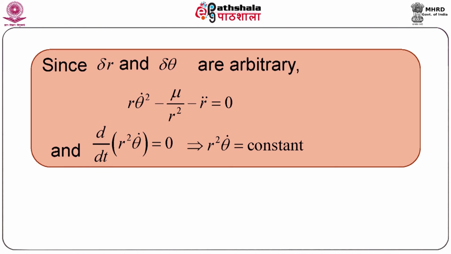This result holds good for all arbitrary variations delta r and delta theta. Thus, we have r theta dot square minus mu divided by r square minus r double dot equal to 0, and d dt of r square theta dot equal to 0, which gives r square theta dot equal to constant.